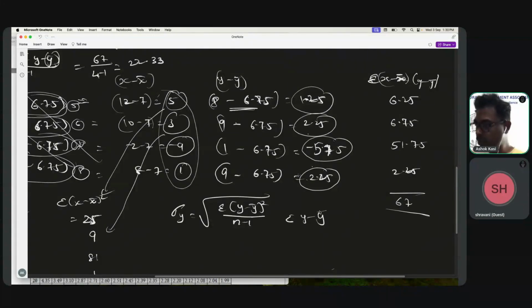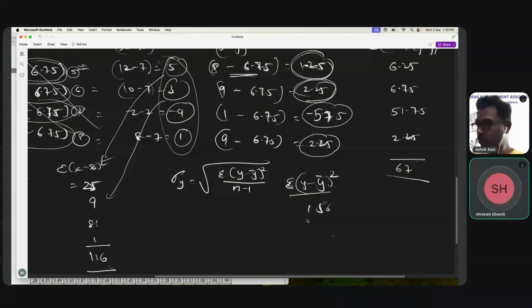So square all this. 1.25 square is what? 1.56. 2.25 square is 5.06. Minus 5.75 square is 33.06.